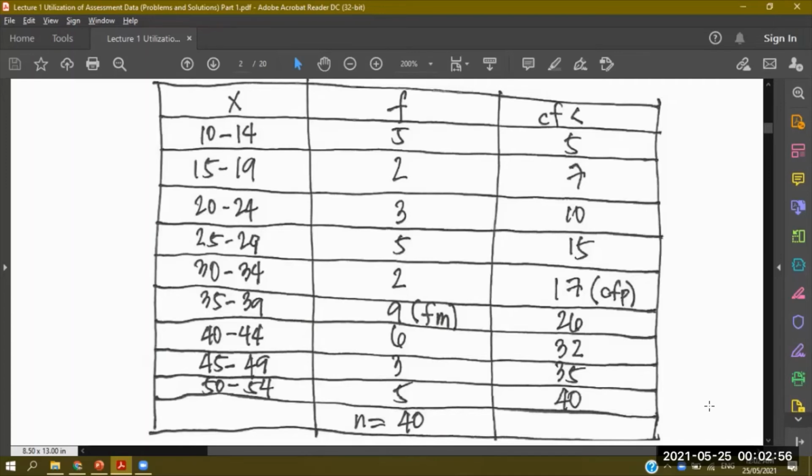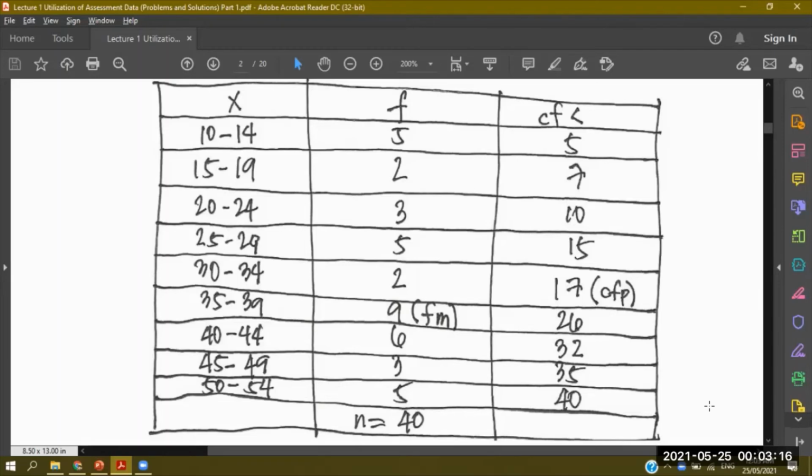How to get CFP? Please take note that our n over 2 is 20. Okay, 20 yung n over 2 natin. So let's try to find CFP first so that we can see kung paano kinuha yung 35 to 39. Okay.